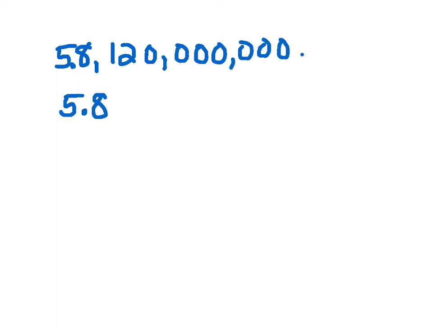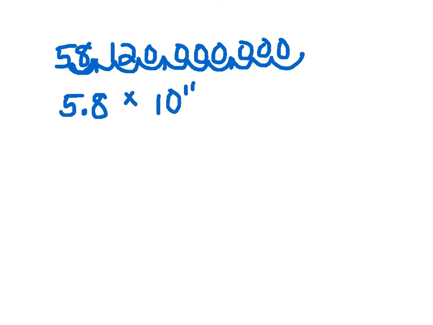Now I'm working backwards. How many places would I have to move that to get to the number that we started with? There's 1, 2, 3, 4, 5, 6, 7, 8, 9, 10. So that's times 10 to the 10th power.